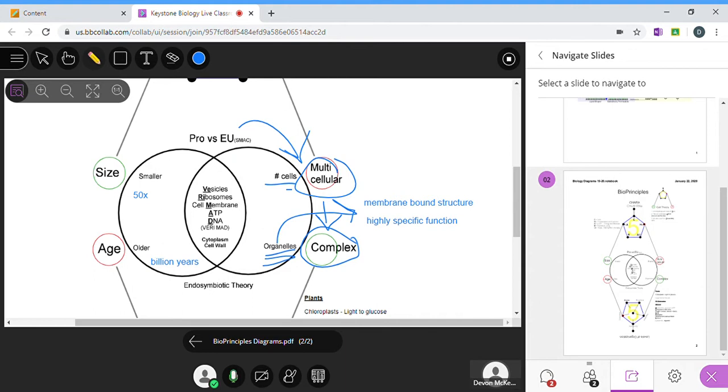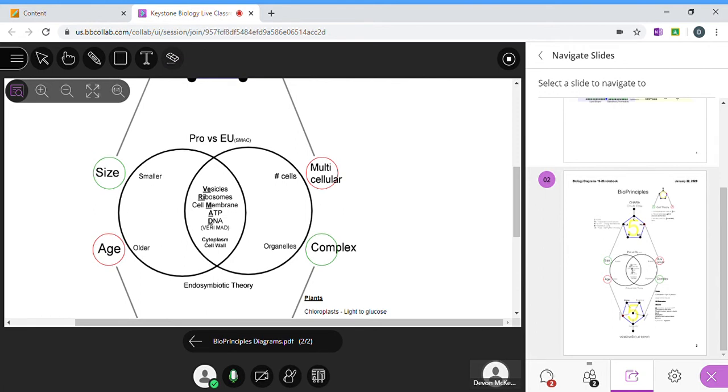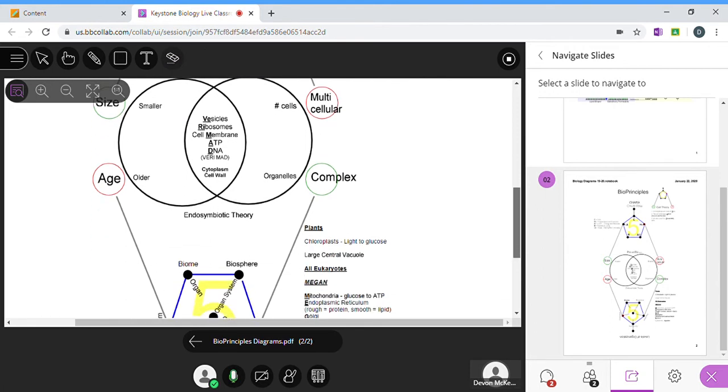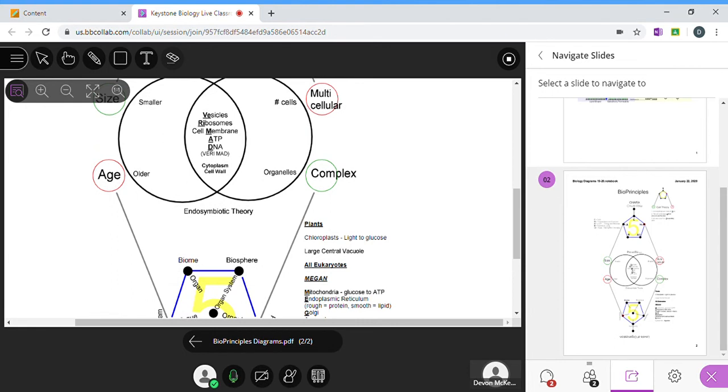And this is such an important point. Below the word complex is a list of organelles. Everything in this list is only found in eukaryotic cells. Prokaryotes do not have them. And this is tested repeatedly on the Keystone, and kids still miss it.